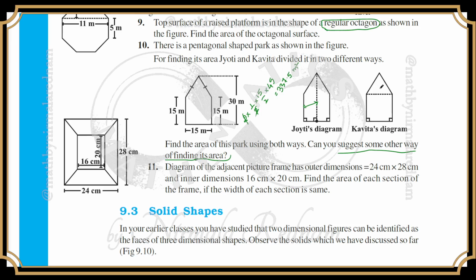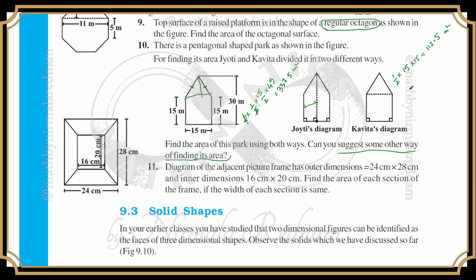Now if you look at Kavita's method, she has a triangle. So half into base, base is 15, height is 15 again, because from here to here is 30 minus 15, right? So that will give you 15. This is nothing but 225 by 2, 112.5, right?